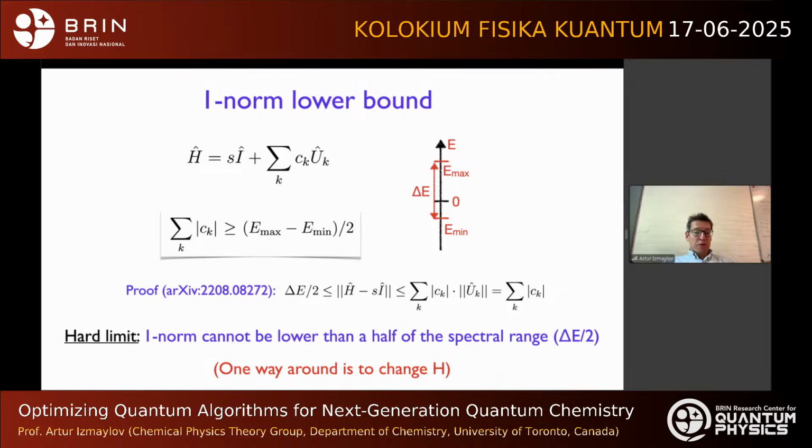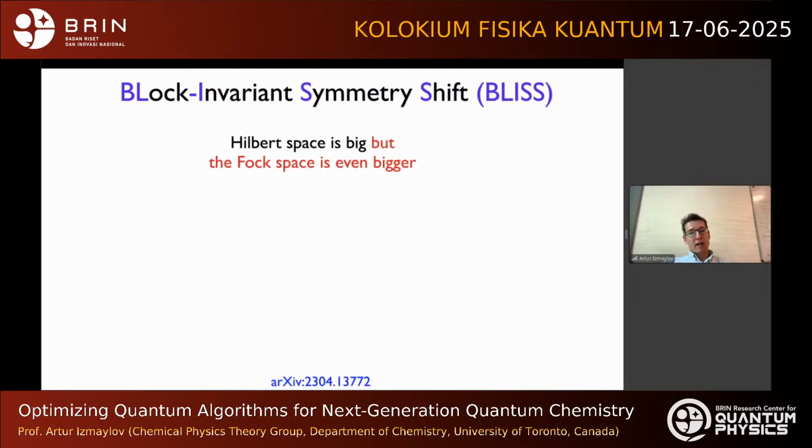And one way around, of course, is to change the Hamiltonian, right? It sounds like a difficult thing to change, until we realize where we really live in these problems. We start with the second quantized form, and that's a Fock space.